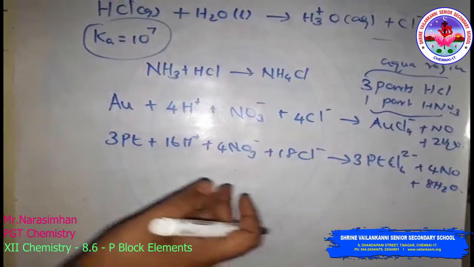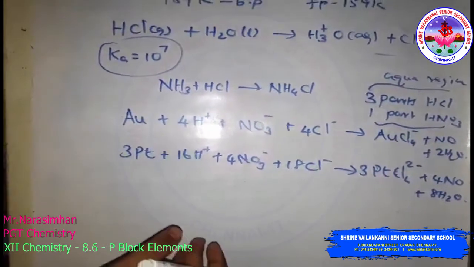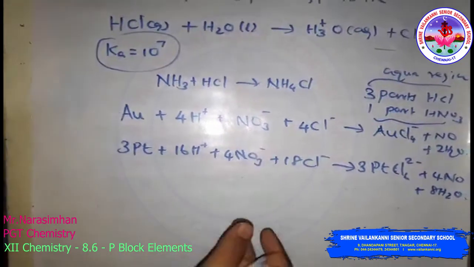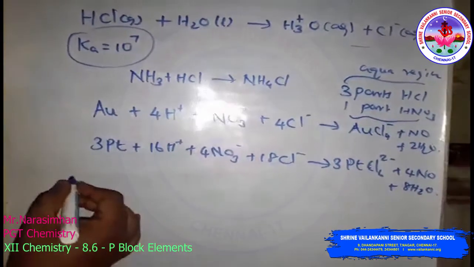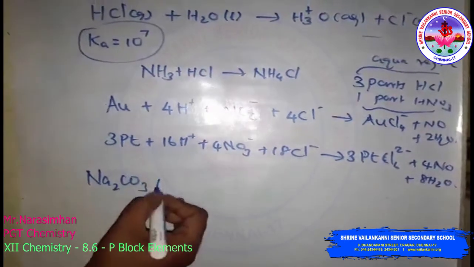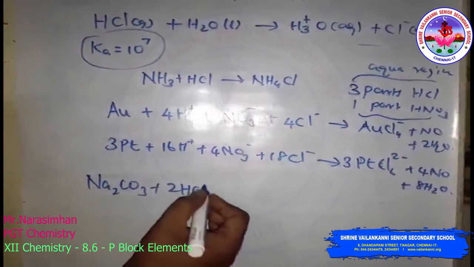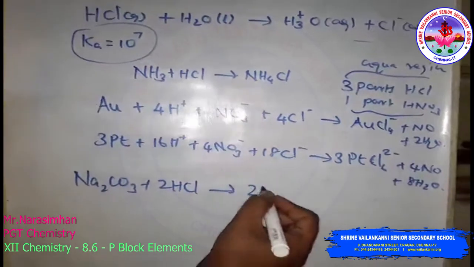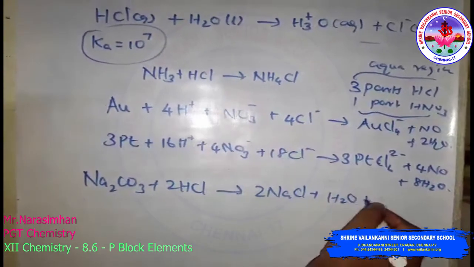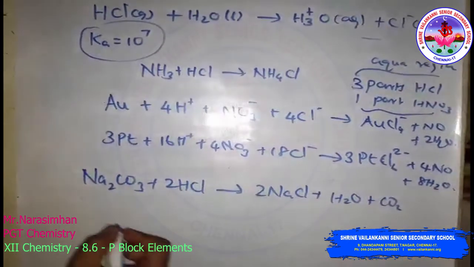Hydrochloric acid decomposes salts of weaker acids, for example carbonates, hydrogen carbonates, and sulfides. The reactions: sodium carbonate reacts with HCl to form sodium chloride and carbon dioxide.